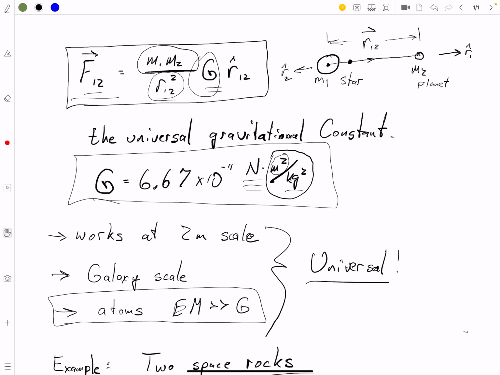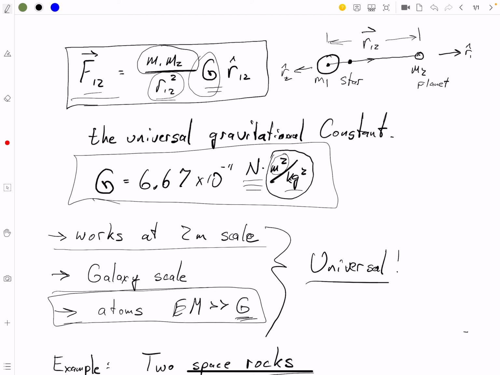Now, why do we call this a universal law of gravitation and a universal constant? Well, it works not only at the 2-meter scale, but it works at the galaxy scale. It works across the universe, right? Andromeda and the Milky Way are going to collide someday, and they're drawn toward each other because of gravity. So we've got atoms. Those also have gravity.